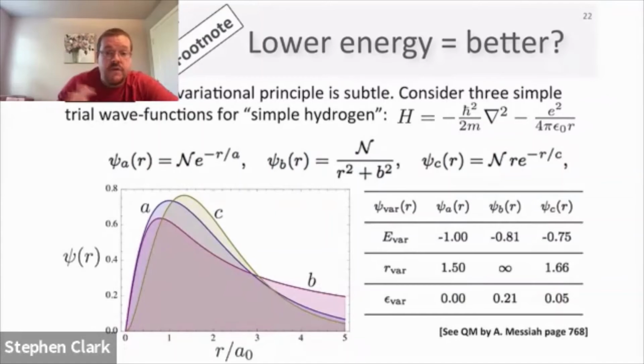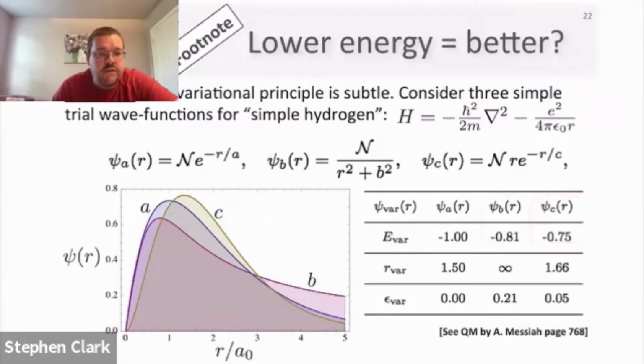And it turns out that if you minimize the energy with respect to the Rydberg energy scale, then of course A gives you exactly -1 Rydberg, which is the energy of the hydrogen ground state. B gives you -0.81, so it's above the ground state, but it's not too far. I mean, it's quite far away, but it's not that far. And C gives you the worst.